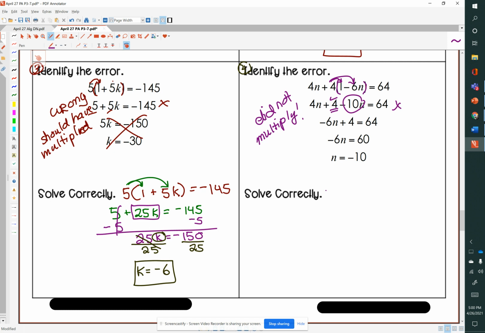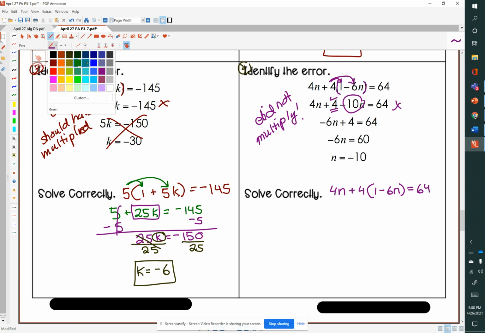So let's solve this correctly. 4n plus 4 times the quantity of 1 minus 6n equals 64. So we're going to distribute the 4. That's our next step.